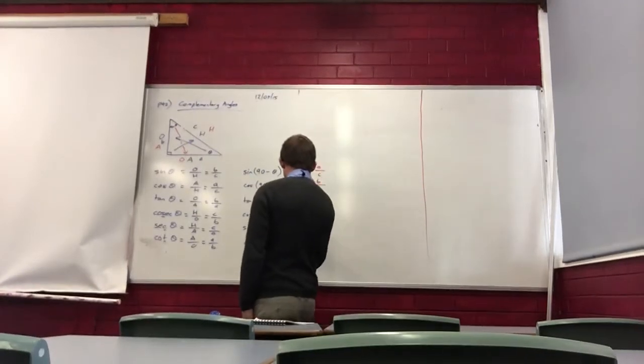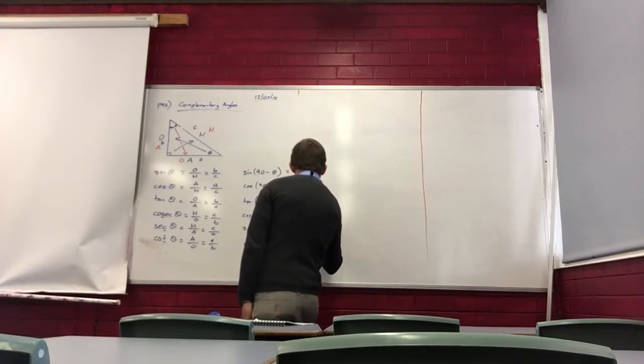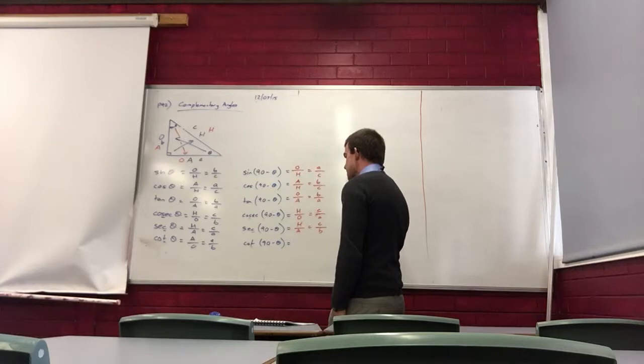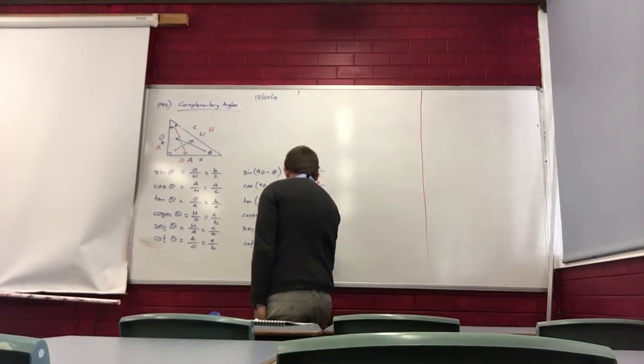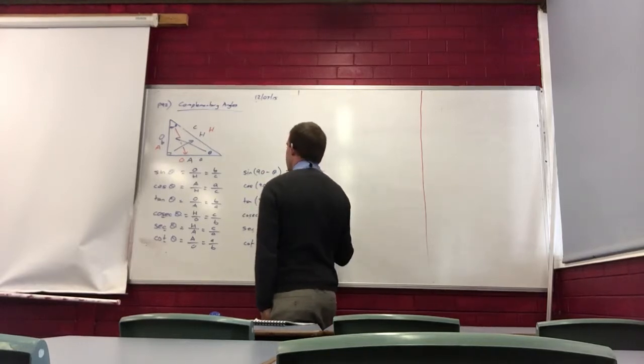Sec, which is hypotenuse over adjacent, would be C over B. And cot, we've got adjacent over opposite, so we have B over A.